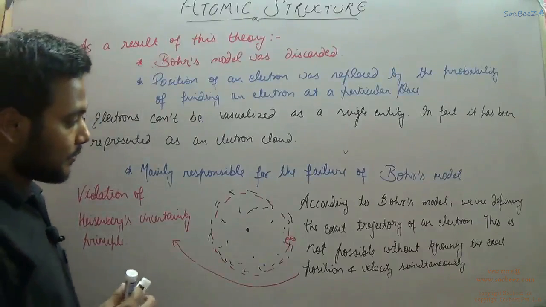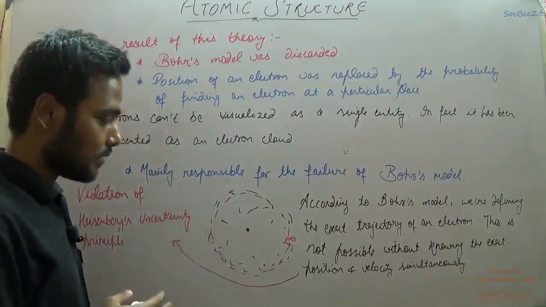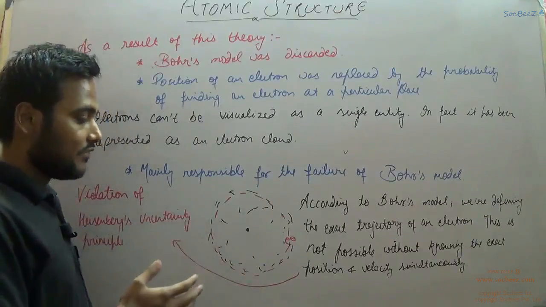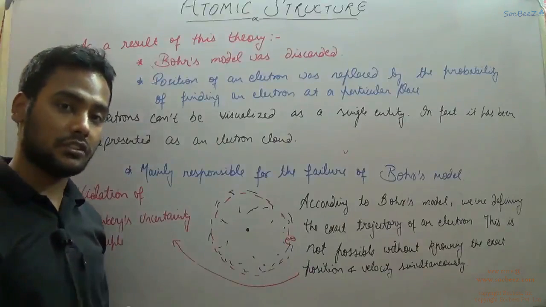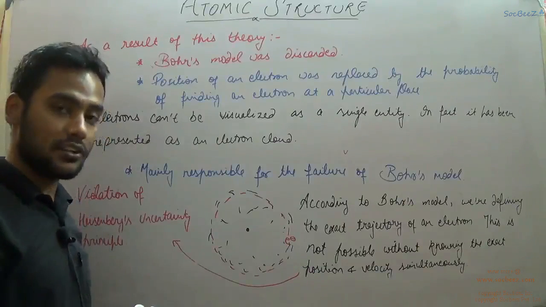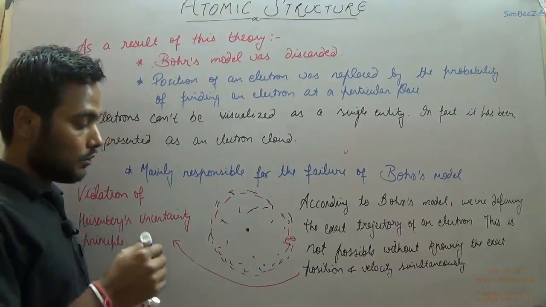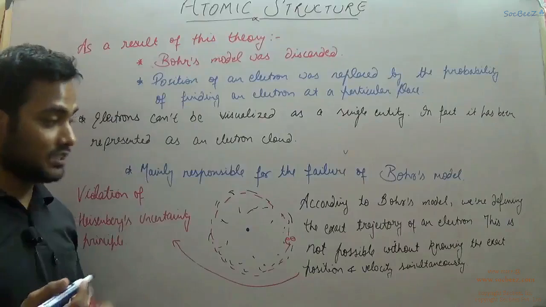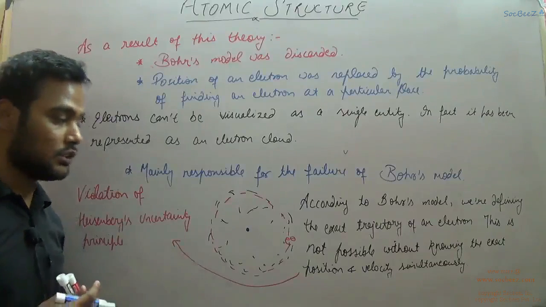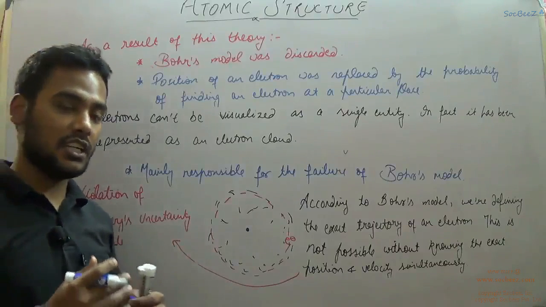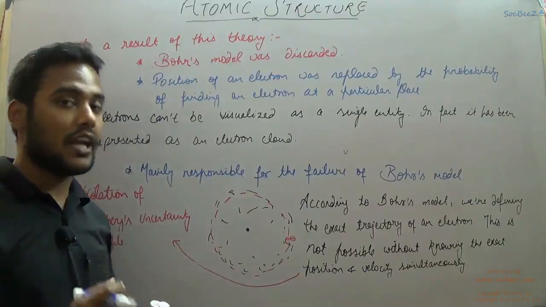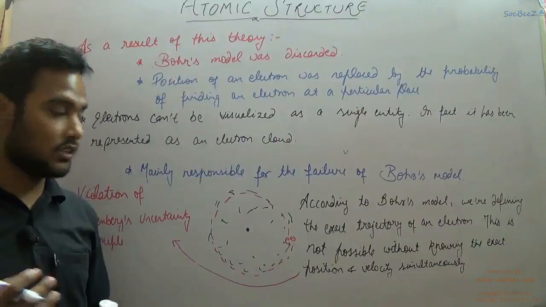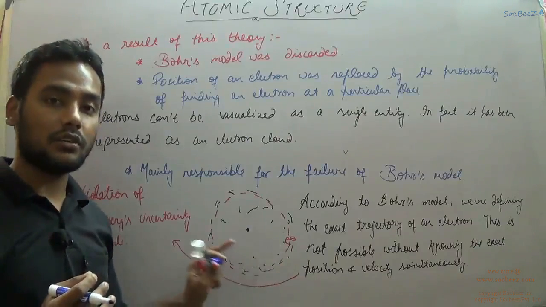Okay, so therefore just remember that you cannot actually arrive at an exact location in case of an electron. Moreover, you cannot define a particular trajectory as well. We discussed in our last video that to define a particular trajectory, we need the exact location and the exact velocity, that is magnitude along the direction, in case of an electronic motion.